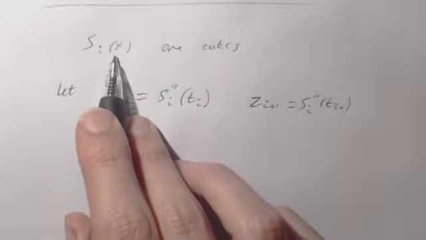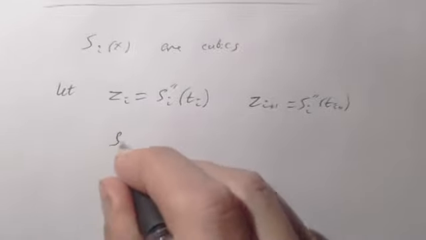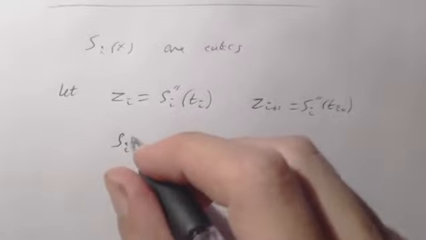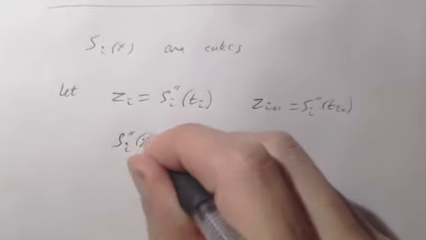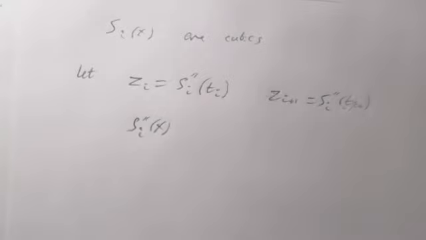Now, since Si(x) is a cubic, Si double prime x is a linear function.